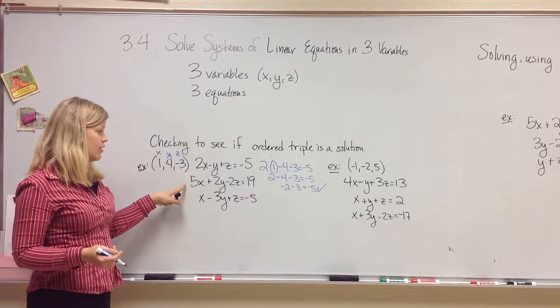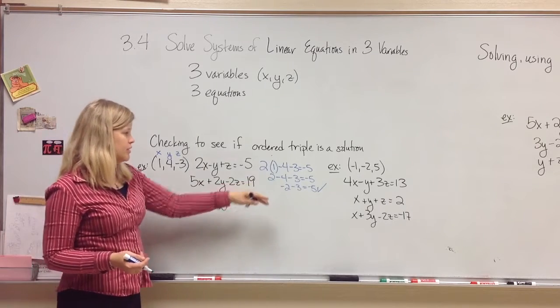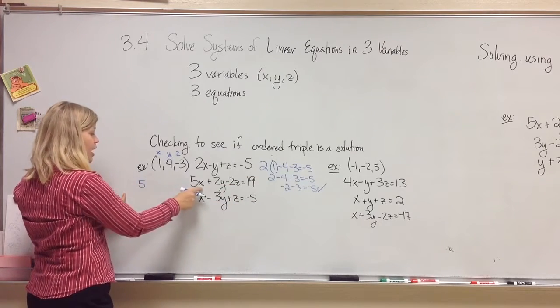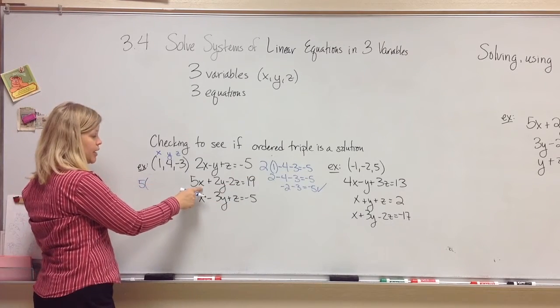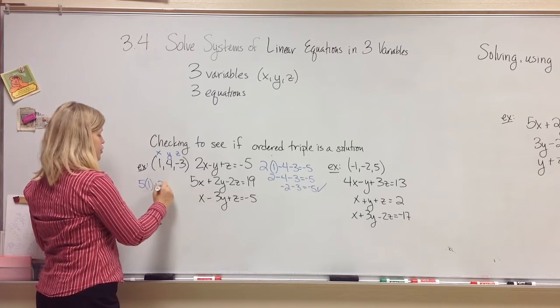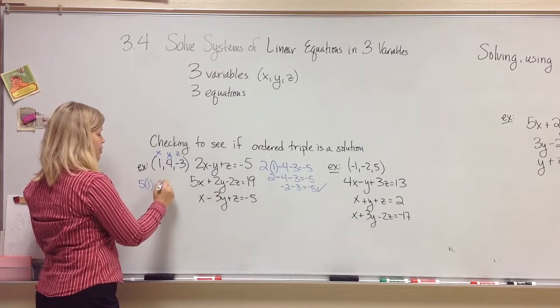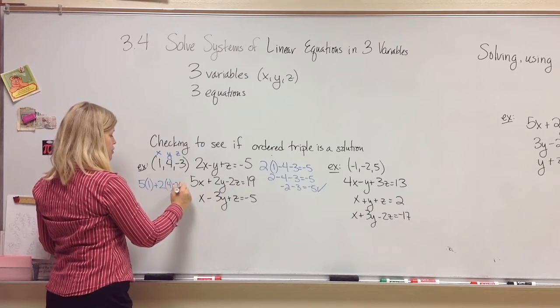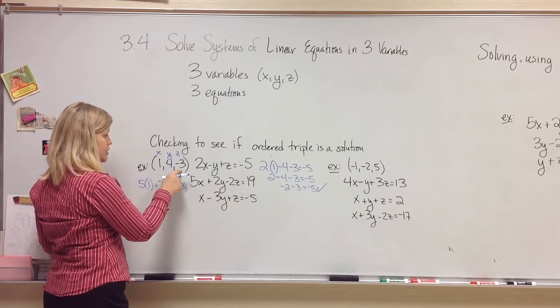Now we need to jump down and try this one. I think in terms of space, I'm going to come over here. Okay, so we write a 5. And we know 5 needs to be multiplied by x, which is just 1. We've got plus 2, and we need to multiply it by y, which is 4. We've got -2. We need to multiply it by z, which is -3.